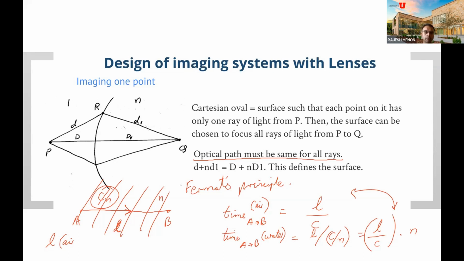So another way to think about it is that the distance in water is equivalent to a longer distance in air by a factor of n. Those two statements are equivalent.